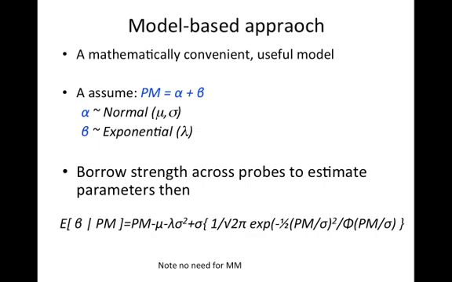Both variance and bias have to be reduced for the mean squared error to get small. If you're using this assumption, then this has a nice closed form. This is one reason we chose these distributions, because we get a closed form. We don't have to do any kind of numerical approximation to the estimate of the signal.